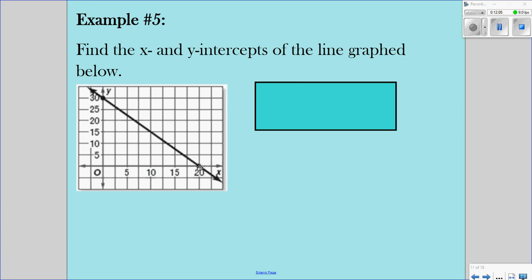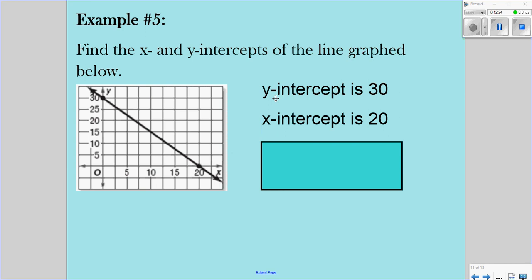It doesn't move. So it's 20, comma 0. And then for the y, you don't go left or right, you start at 0 and then you go up 30, so 0, 30 for the y-intercept. So the y-intercept is 30, and the x-intercept is 20.